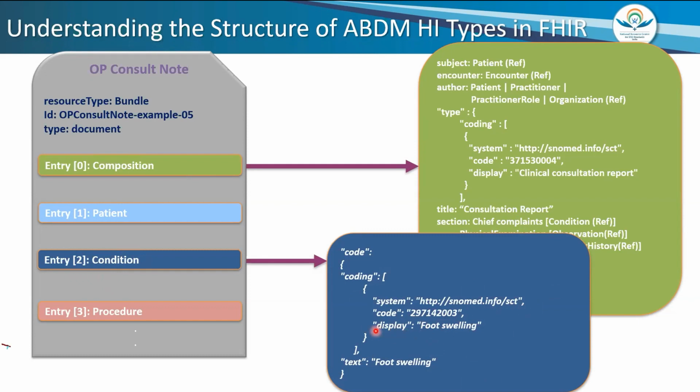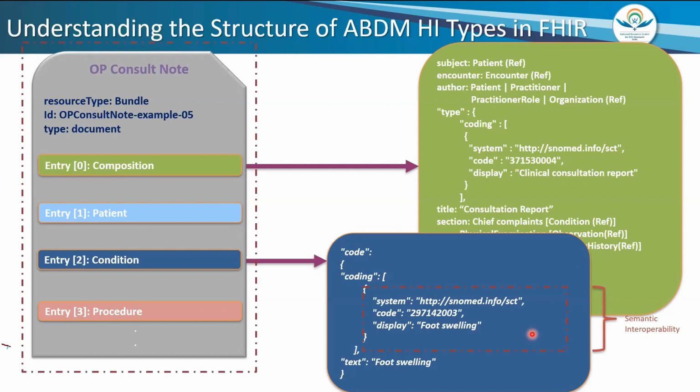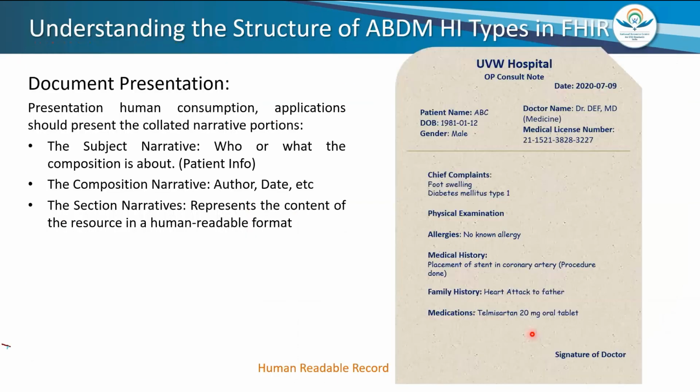So the exact condition is represented using a standard. So using this section, enabled with terminology and standardized data, we are achieving semantic interoperability, which establishes the same meaning throughout the network or the ecosystem. And this represents the syntactic interoperability, where we have fixed the syntax, and this is how you can generate data. So this is how both interoperabilities are achieved.